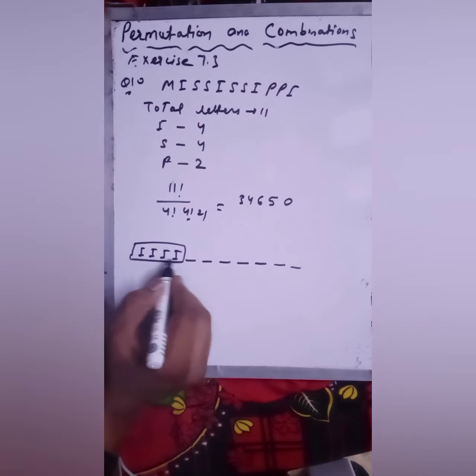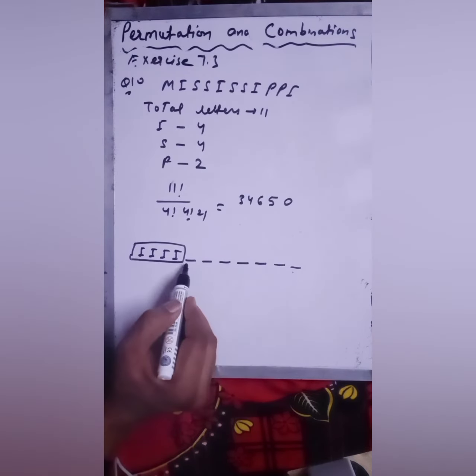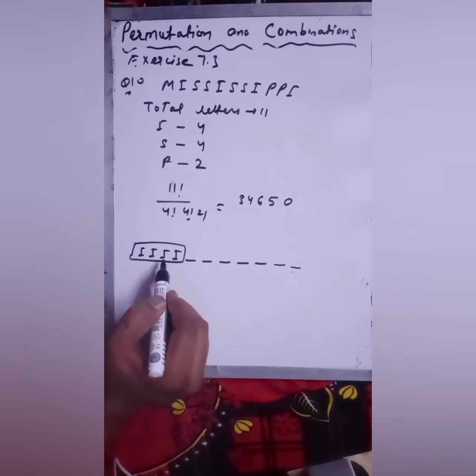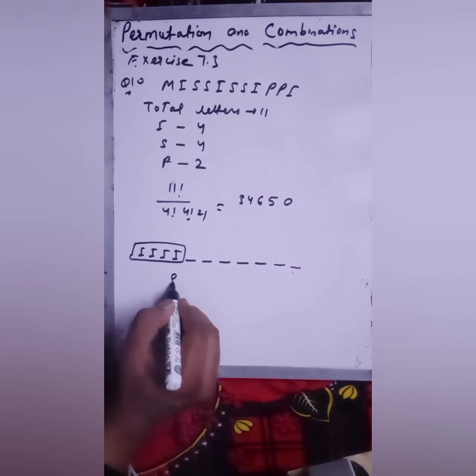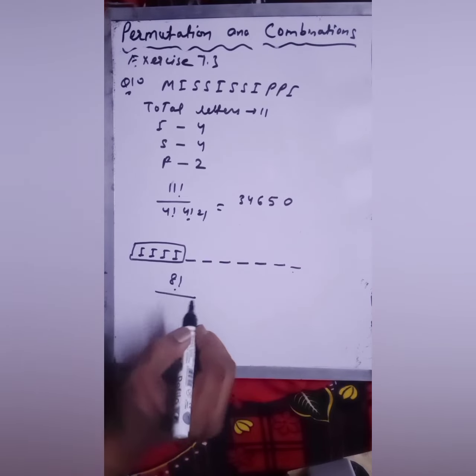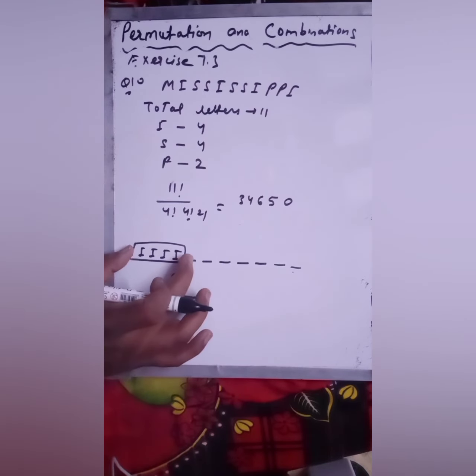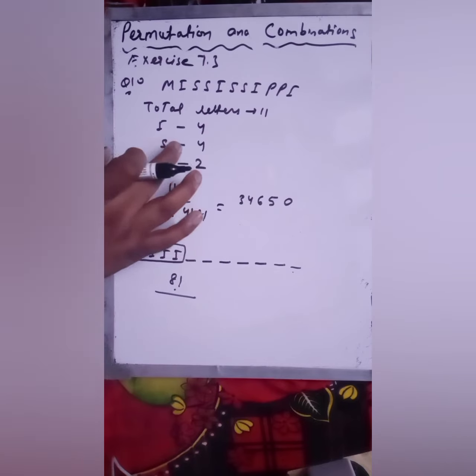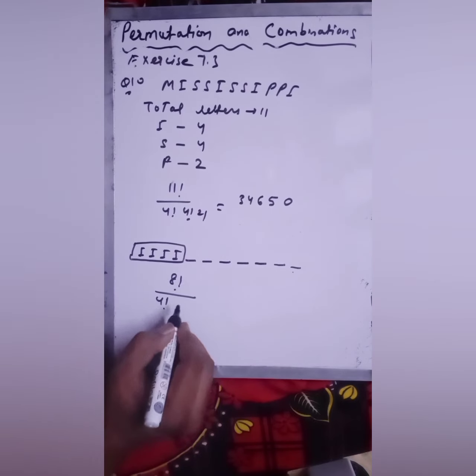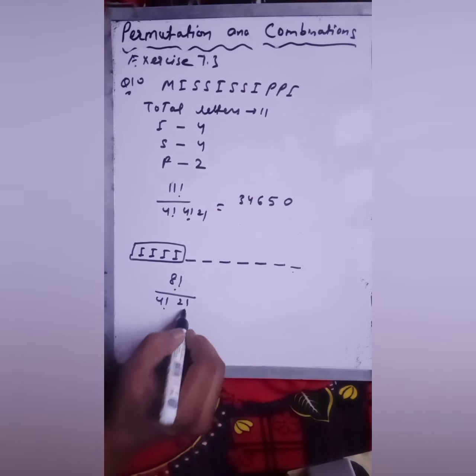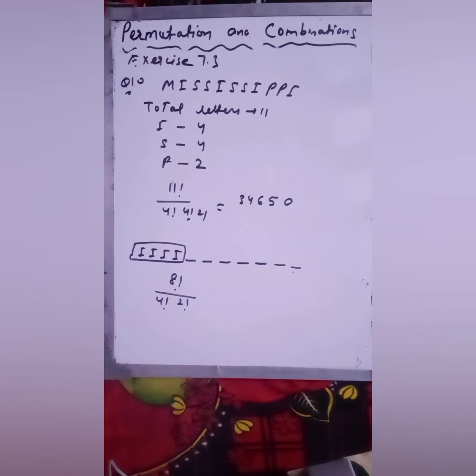If you are taking all the I's together, you have 7 choices for this and 1 choice for this. Okay, so there are total 8 choices, so that is 8 factorial over. In those choices, the I you cannot take because we are considering only 1. Your S is coming 4 times, so that is 4 factorial, and your P is coming 2 times, so that is 2 factorial. Understood?